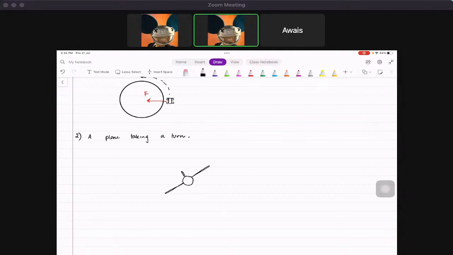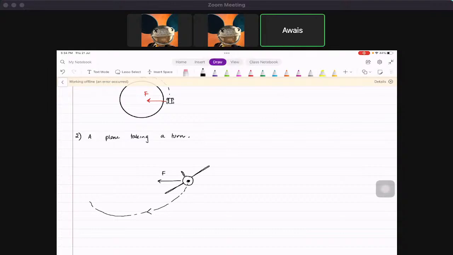It does that because when it is turning, it needs air to push it towards the center so that it can turn in a circular path. Is it clear? Awais? Yes, sir. Okay.